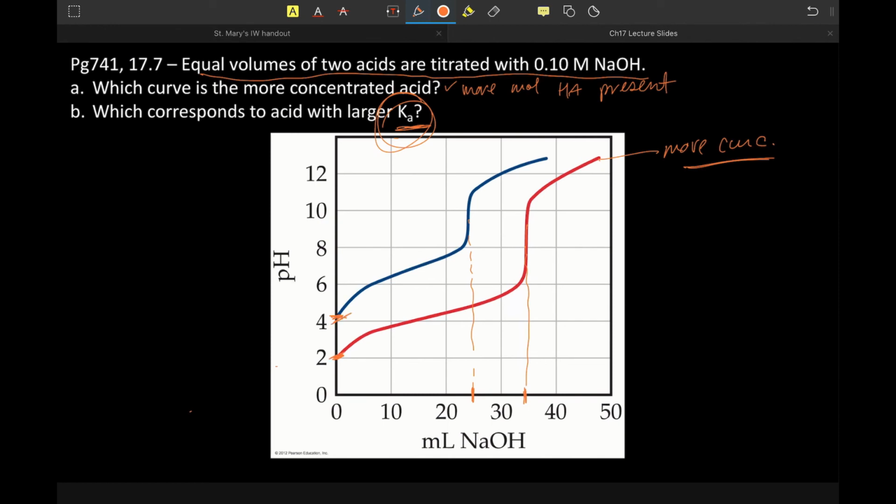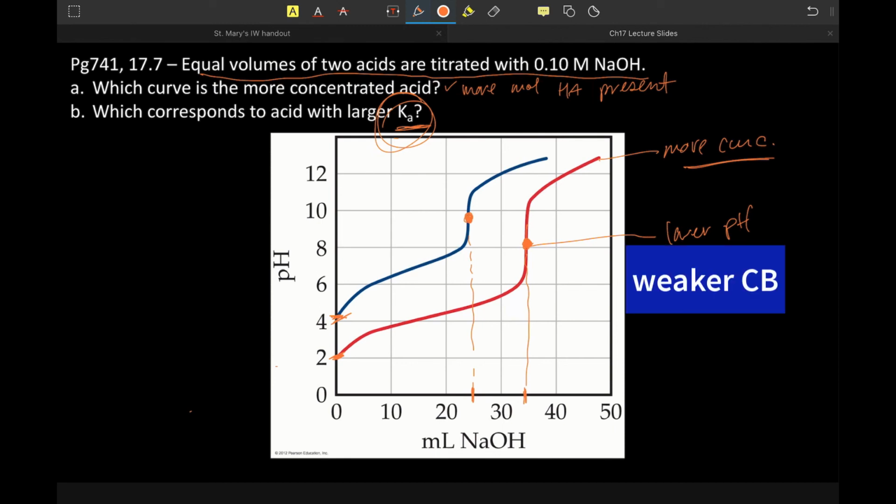In addition, we could also look at our equivalence points. This one happens at a lower pH, and if it happens at a lower pH, that means it's a stronger acid. The higher that pH goes, the weaker the acid is, and the weaker the acid, the stronger its conjugate.